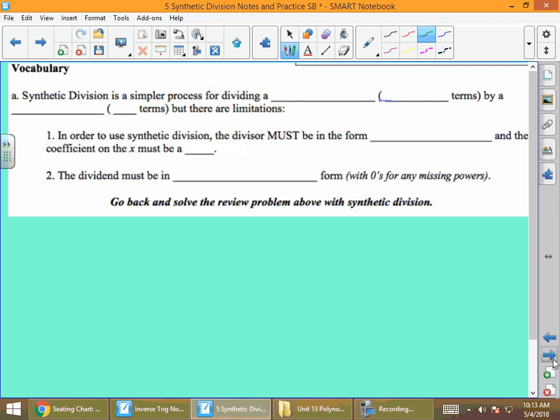It's a simpler process for dividing a polynomial, which means many terms, by a binomial. Binomial is like bicycle. There's two wheels on a bicycle, and there's two terms in a binomial.